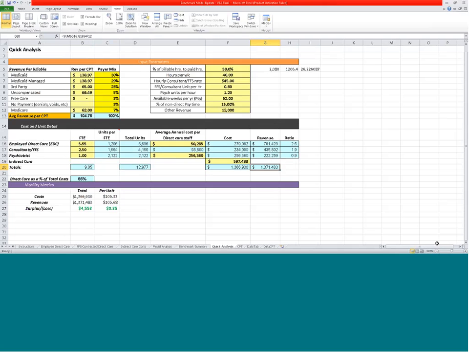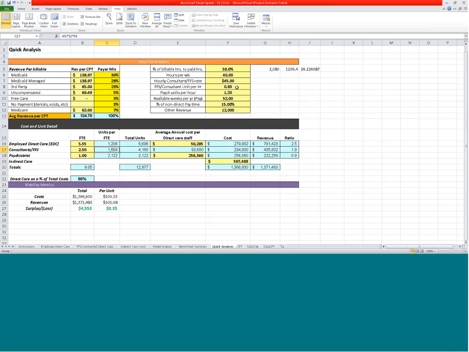Okay. So the fee-for-service line does the same thing, but for salaries for the fee-for-service staff. We've got 2.5 staff here. If we look at this cell here, we've got a 40-hour work week times 52 weeks times 0.8.